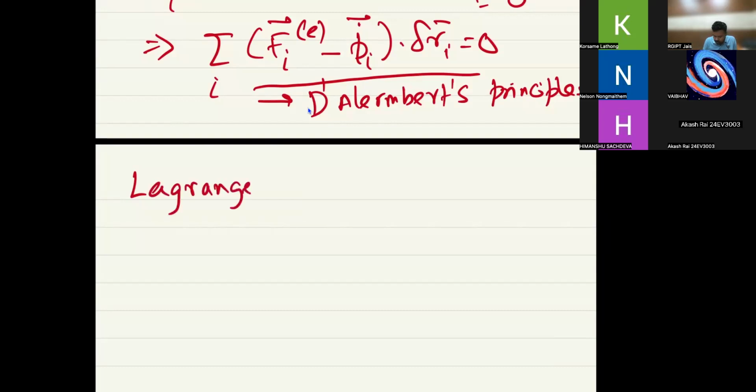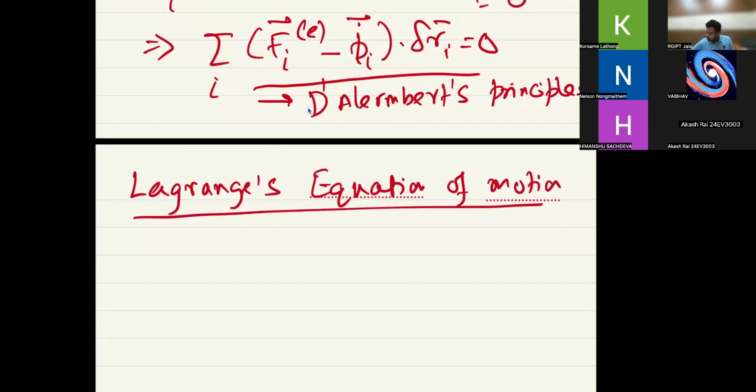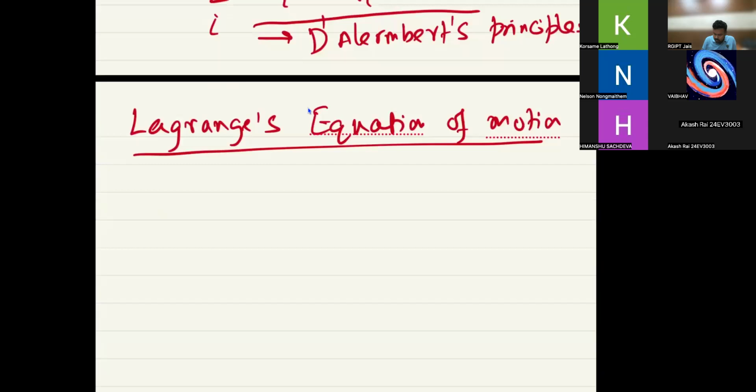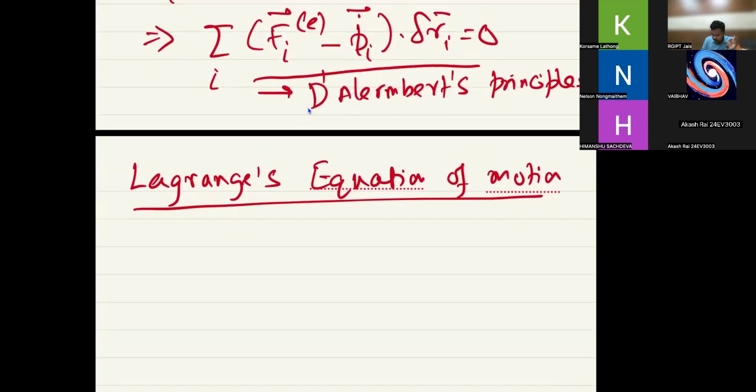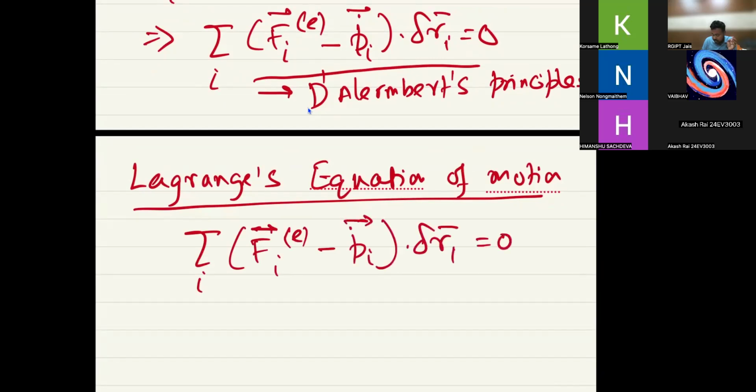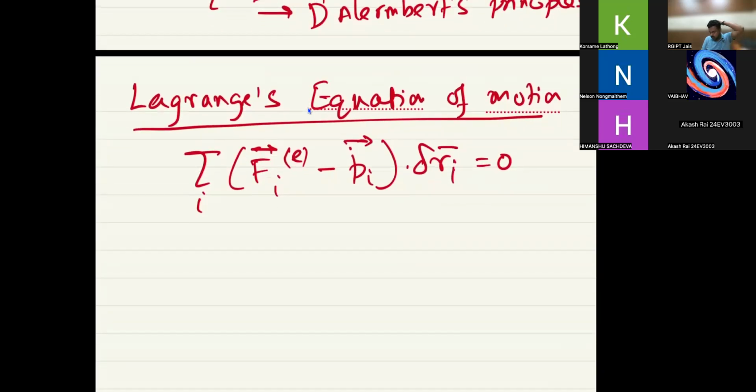We'll start from D'Alembert's principle, that (Fi^E minus Pi dot) delta Ri is equal to 0. Now we want to find out the expression for delta Ri. We need to find out what is the expression for delta Ri.